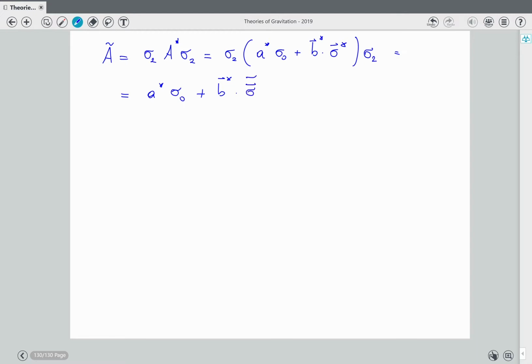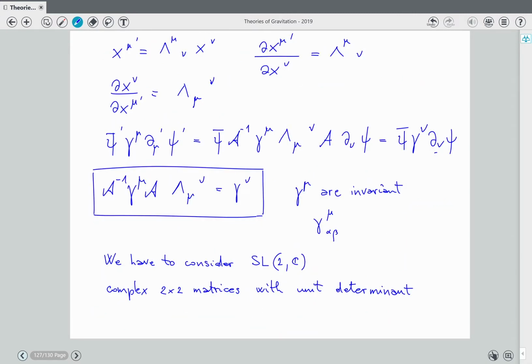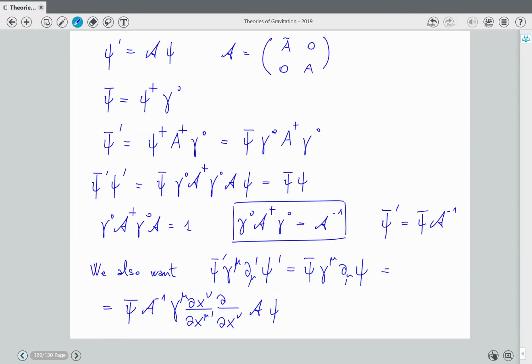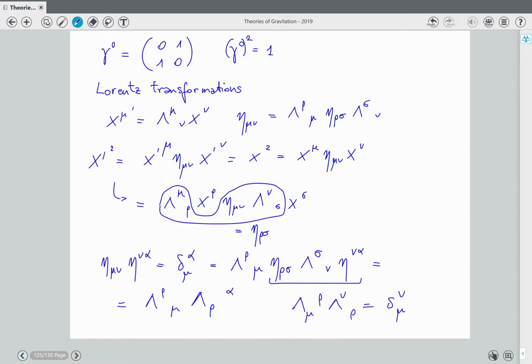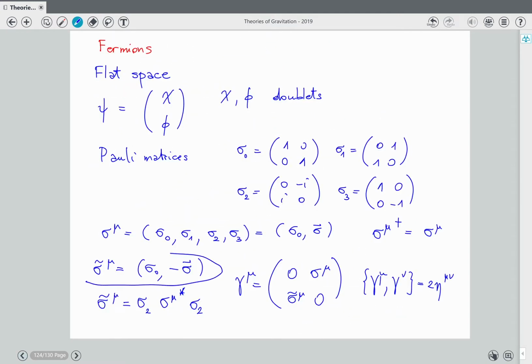That is sigma tilde, because sigma tilde vector is minus sigma. I have to go back and recall what sigma tilde is. Sigma tilde is just minus sigma.